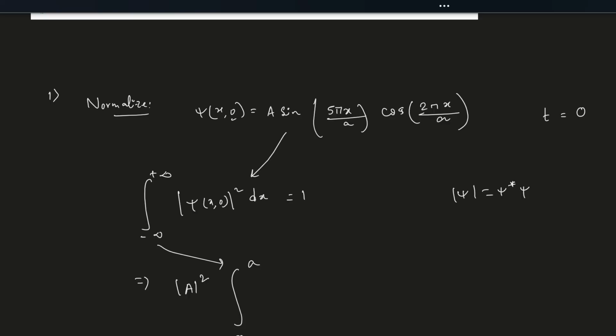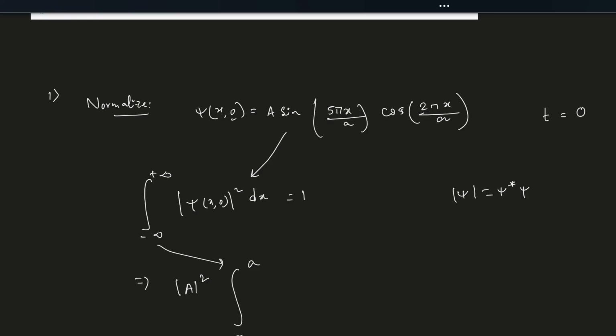The reason is simple, because the particle can only exist within the potential well where the potential is 0. Psi is not equal to 0 only where V equal to 0. But where the potential is infinity, the particle itself cannot exist because the particle cannot go there, right? So psi equal to 0 where V goes to infinity.